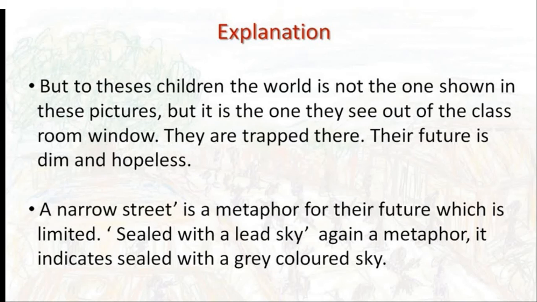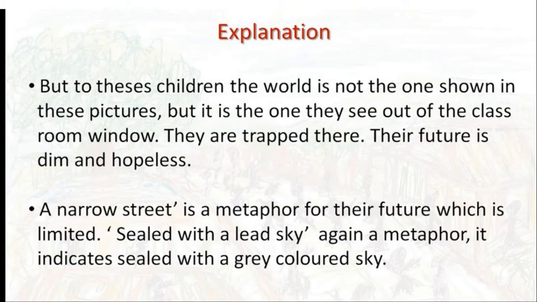So the poet goes on further to say that their world is dark, their world is covered with fog, where their future is bleak, where there is no hope for improvement. And their world is what? It is a narrow street sealed in with a lead sky.